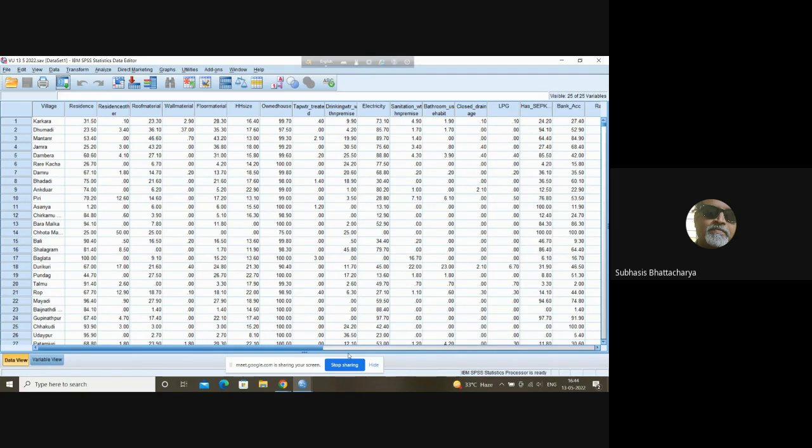It is a DCHB-based data set of Purulia, and the names of the villages are there. All data are in the form of percentages. Residence, that means residence means, just one minute, I will describe the variables to you for your better understanding.